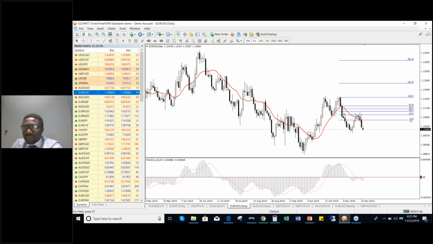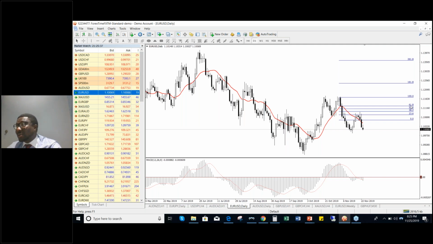Everything here. So this is 0, this is 23.6, 38.2, that is 0.382. These are in percentages. So 0.382 is 38.2%. Then we have the 50.0, we have 61.8, which is 0.618 converted to percentage.